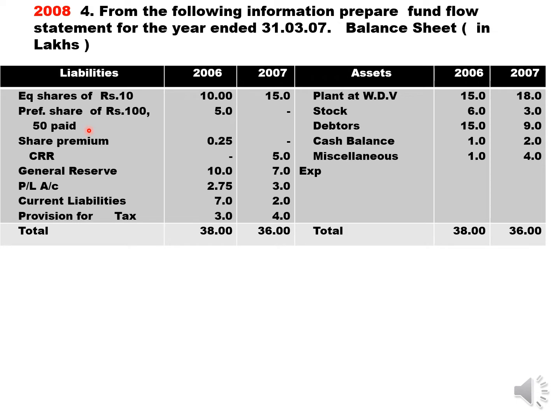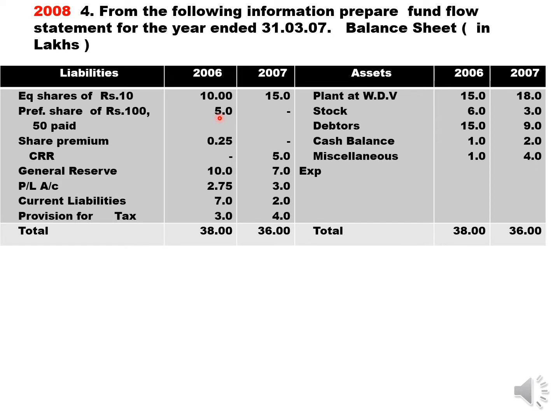So 5 lakh is paid, remaining 5 lakh you should collect from the shareholder. So ask the preference shareholders to pay unpaid capital of 5 lakh. So present 5 lakh, called up capital 5 lakh, then it becomes 10 lakh. So preference share redeemed will be 10 lakh.